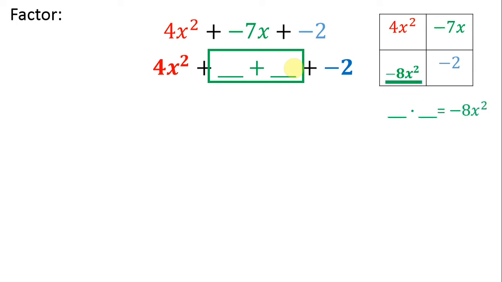I'm going to think of numbers that multiply to negative 8 and add to negative 7. What numbers will do that for me? Negative 8 and 1 will multiply to negative 8, and negative 8 plus 1 will add to negative 7.